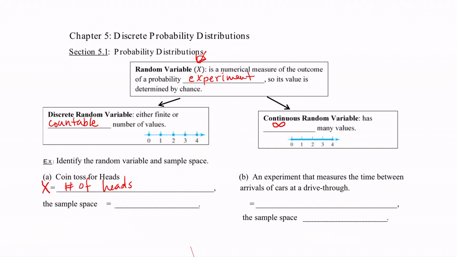And the sample space, we'll use little x, will be the possible values in this experiment for this particular random variable. When we toss the coin, either it's going to be a heads, in which case there's one head, or it'll be a tails, in which case there's 0 heads. So it'll take on the values either 0 or 1.